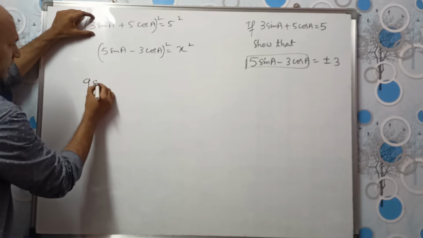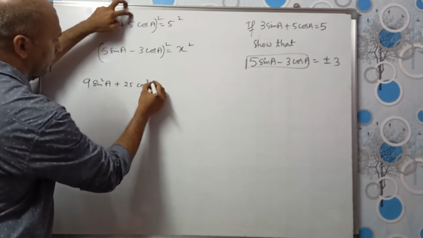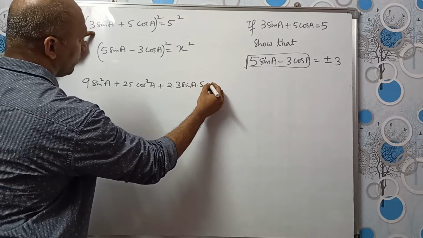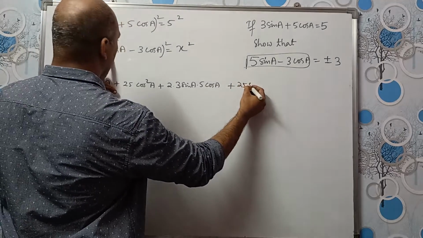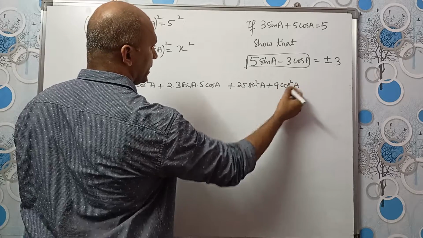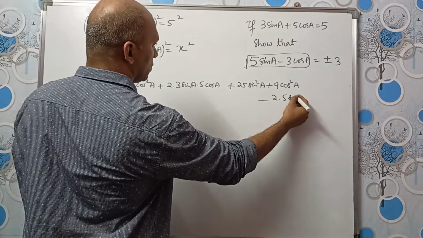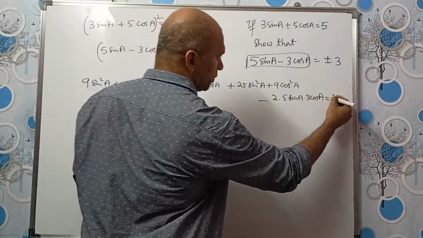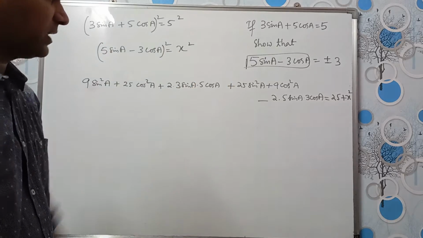Let us write directly. 9 sin square a plus 25 cos square a plus 2 into 3 sin a 5 cos a, plus this one, 25 sin square a plus 9 cos square a minus 2 into 5 into sin a multiplied by 3 cos a is equal to 5 square, 25, plus x square. Okay, from here we should find the value of x.